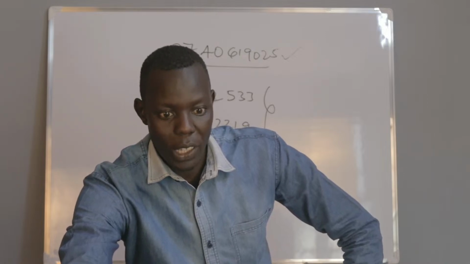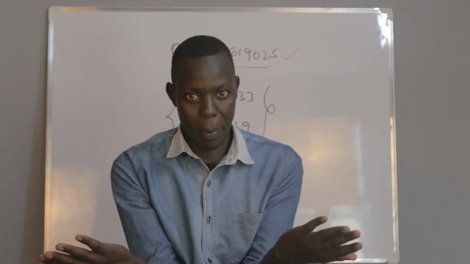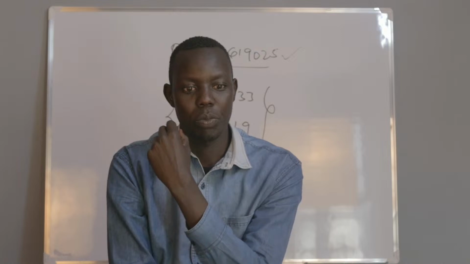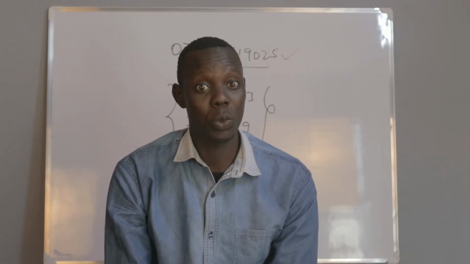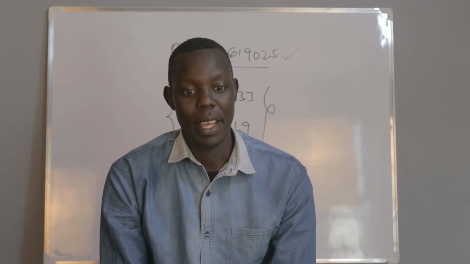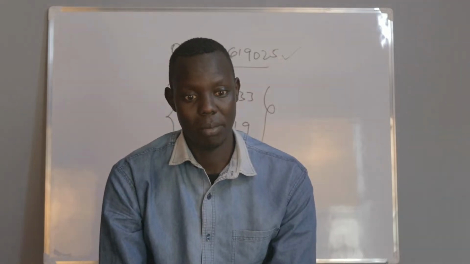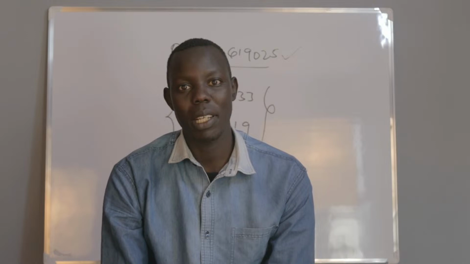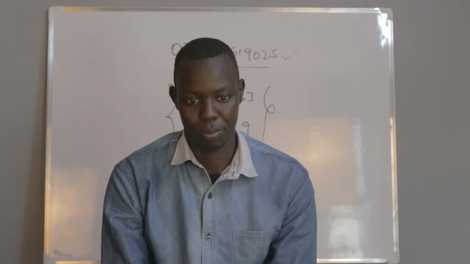So I want to give the objectives of the lesson. By the end of this lesson, you should be able to define some terms like element, mixture, atom, molecule, compound, and terms like melting point, boiling point, and sublimation.